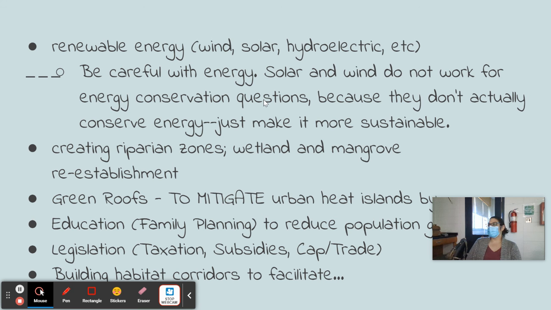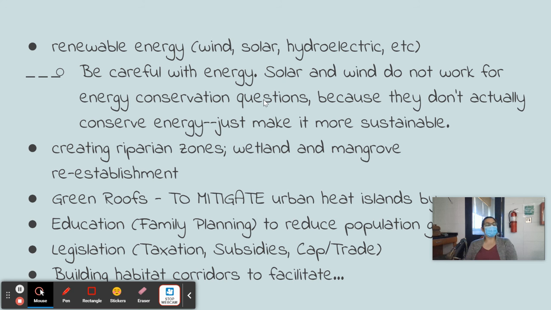It provides a beautiful location that brings in ecotourism, people to come and see it. There are all sorts of reasons. There's not just one reason; you should be able to think of a bunch of different reasons for a lot of these.